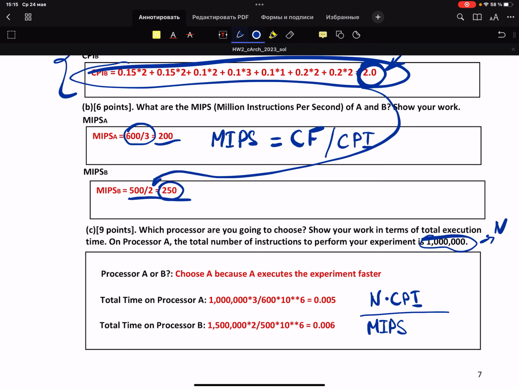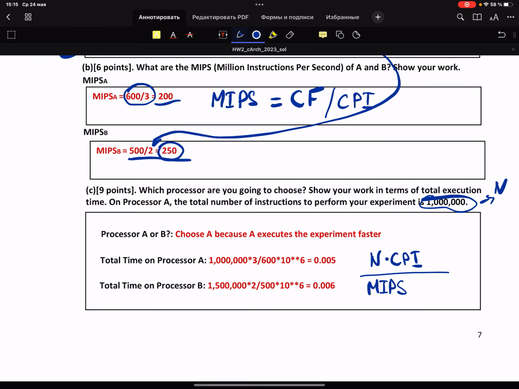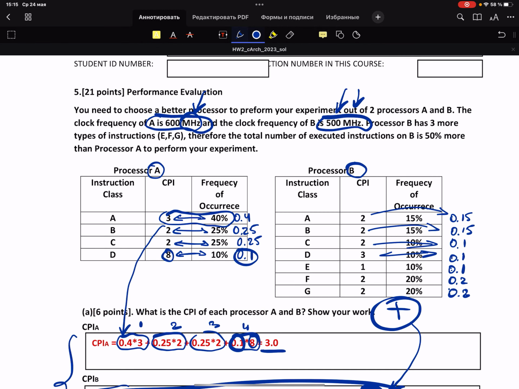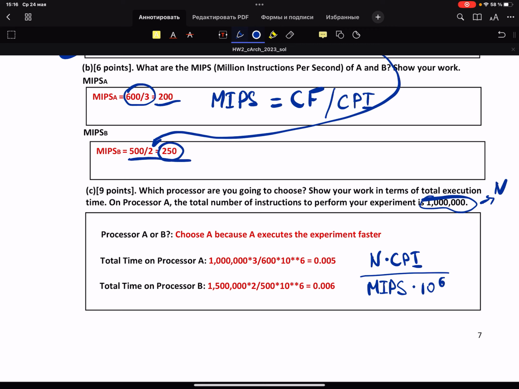And your MIPS may be in hertz, but it may be in megahertz. If it's in hertz, just put MIPS without this factor. But if it's in megahertz, then you also have to multiply by 10 to the power 6. Keep it in mind, okay? In this particular case, it is in megahertz, so that's why I write 10 to the power 6. Pretty simple. This is going to be the total time spent.